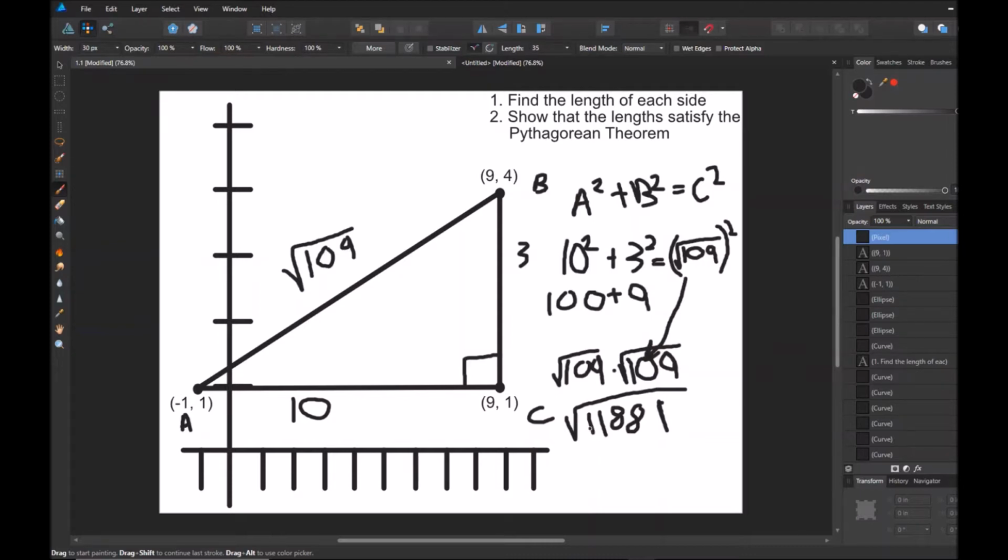So obviously the number that you multiply by itself to give you 11,881 would be 109, because we just did that right there. Even if you do it on your calculator, you can see that the square root of 11,881 is 109.